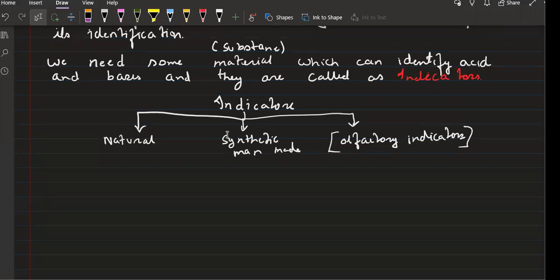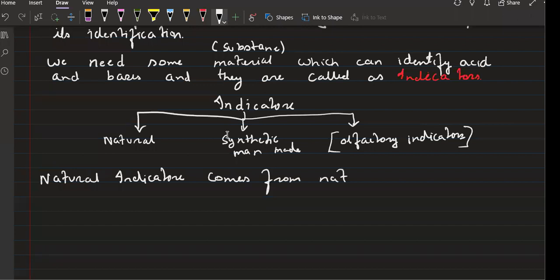Yes, exactly. Natural indicators come from nature directly.